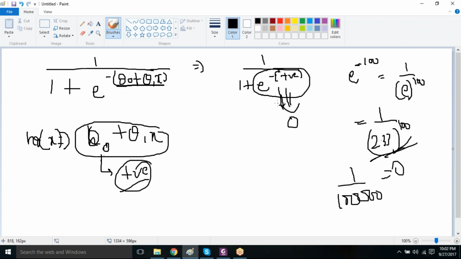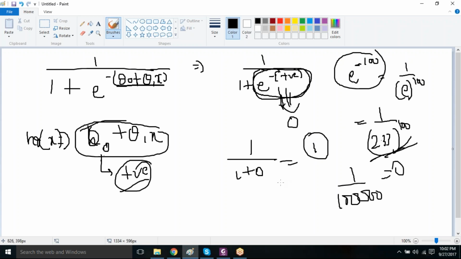So if your theta naught plus theta 1x, this linear regression value, is very big, then this whole value e raised to the power this big number will reduce to 0. So 1 upon 1 plus 0 will be 1. So that is what we have seen right now.